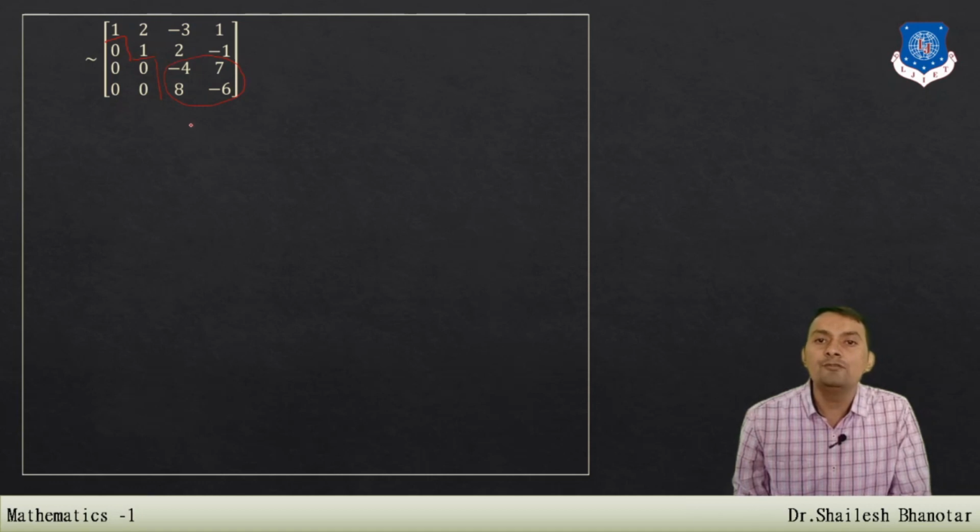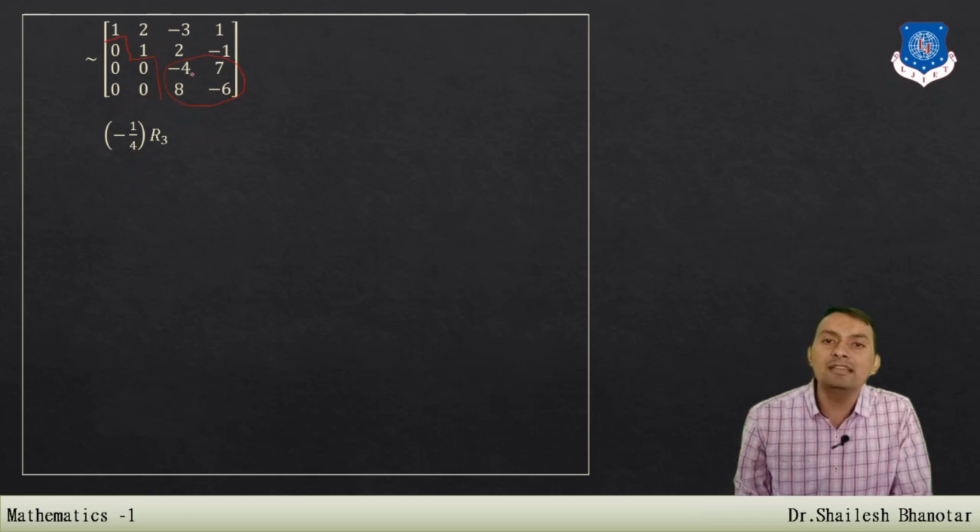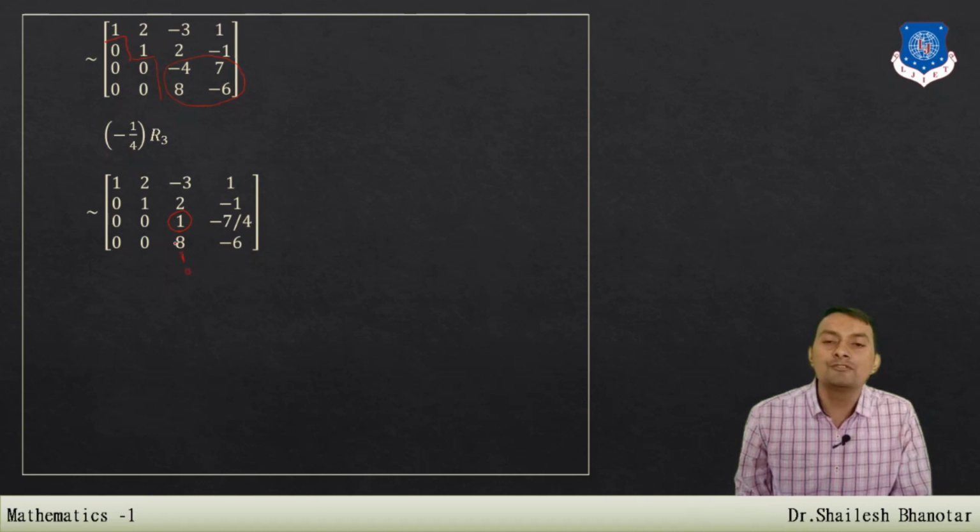Here I want the first leading entry to be 1, so I have to multiply the third row by minus 1 by 4, and therefore we get the leading entry 1. Below the leading entry I want 0, so I have to multiply the third row by minus 8 and add it to the fourth row.